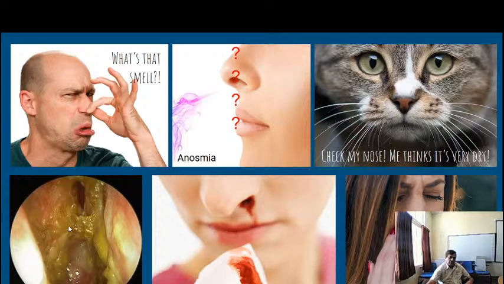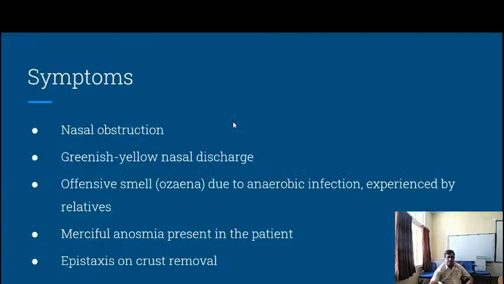The crusts fall off and then produce bleeding, epistaxis. And of course, the nasal obstruction: they keep using nasal sprays to reduce it. So these are the various symptoms with which the patients come to you.